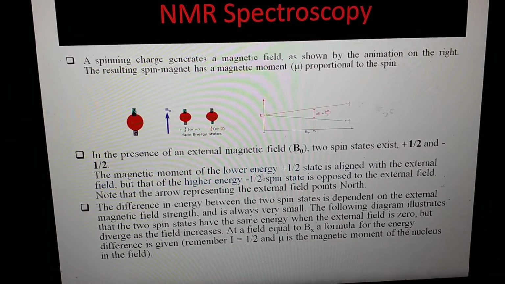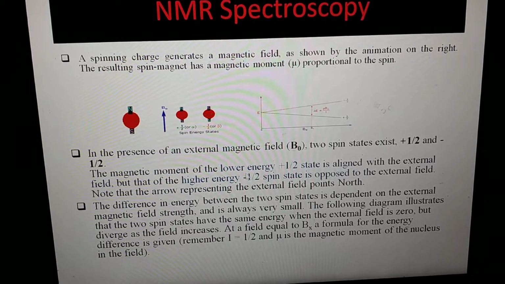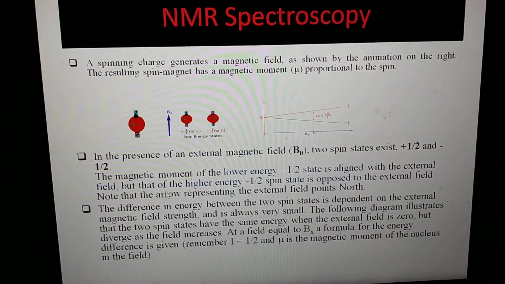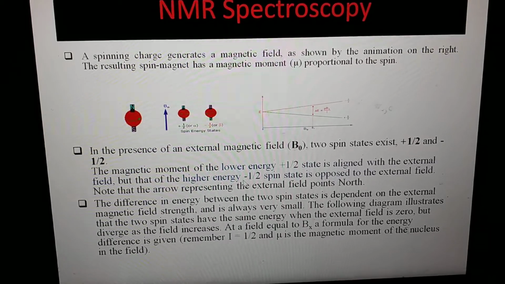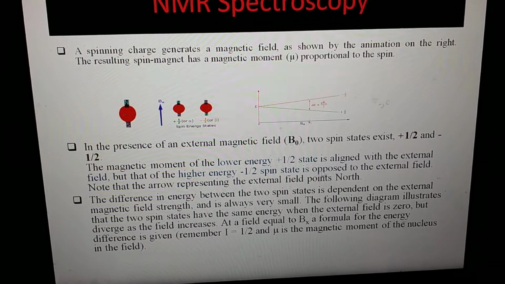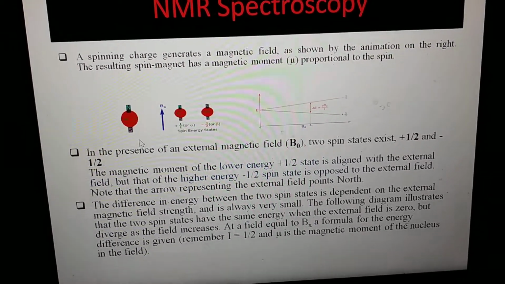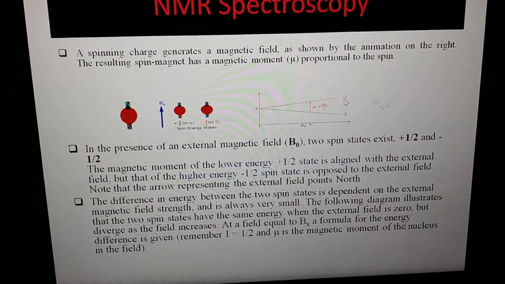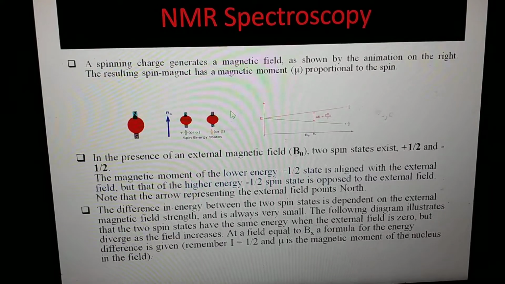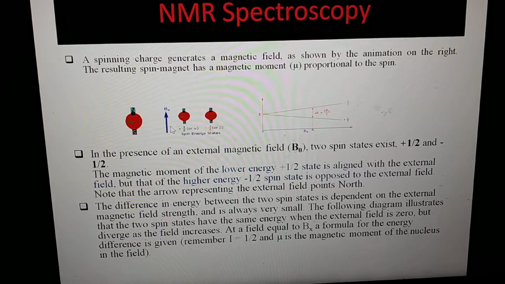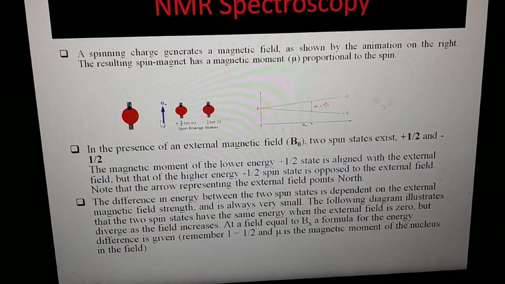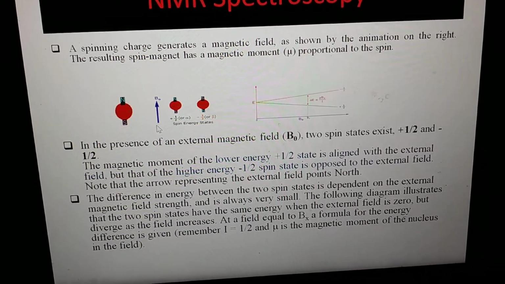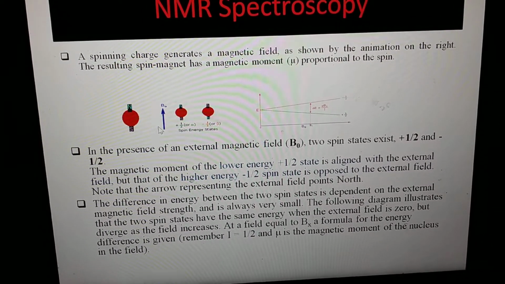The magnetic moment of the lower energy state is aligned with the external field, but that of the higher energy minus 1/2 spin state is opposed to the external field. Since its energy is lower, the lower energy state is aligned to the external magnetic field.